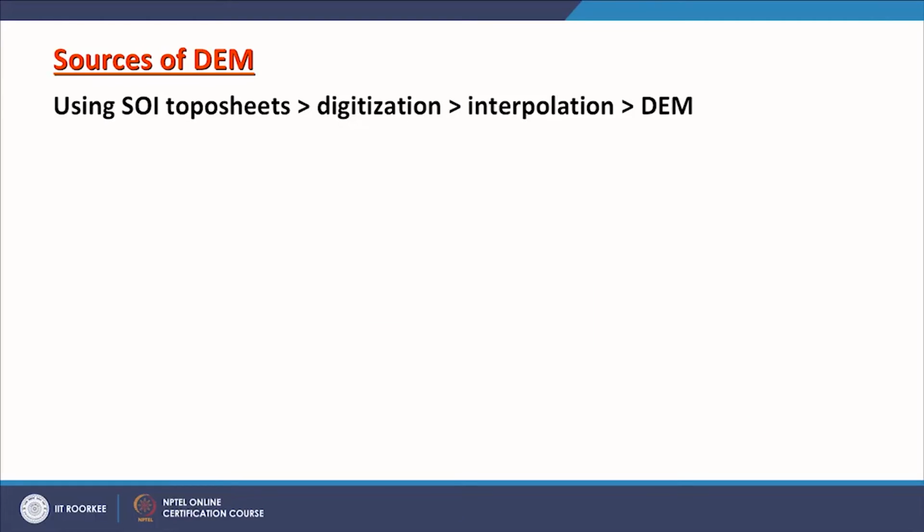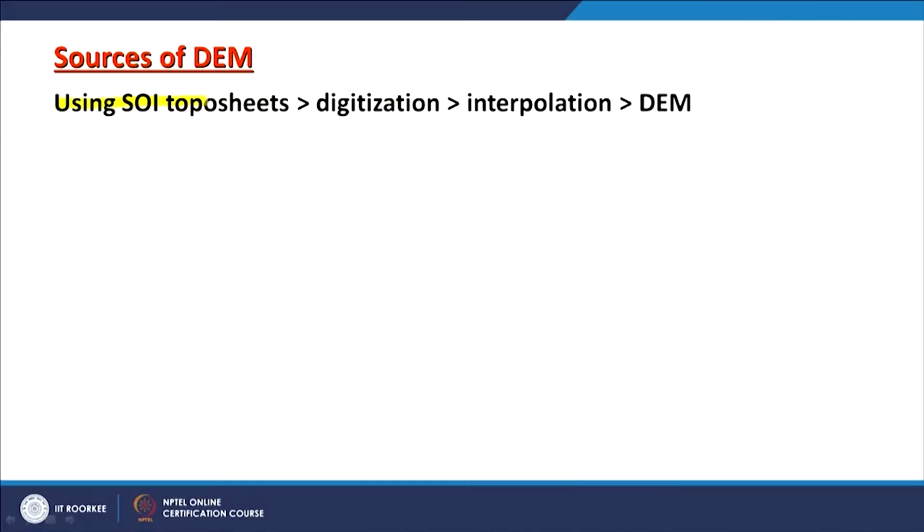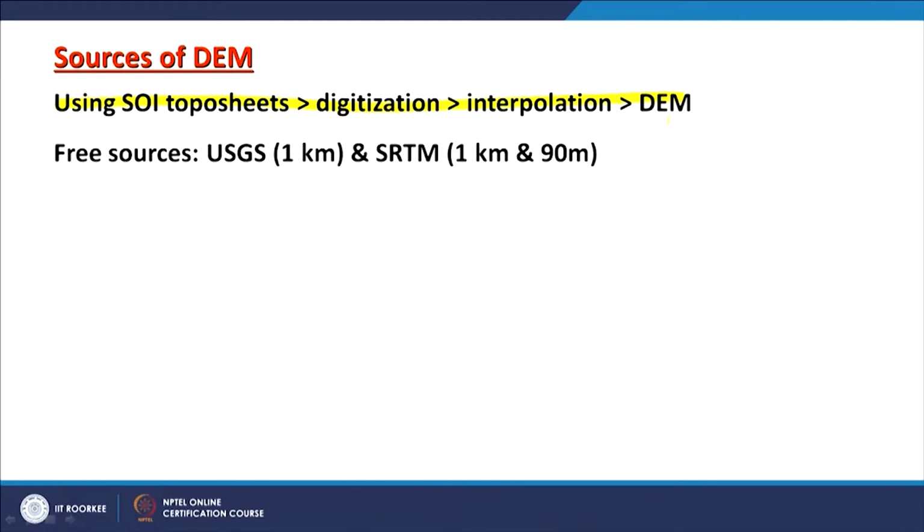But in case you are using Landsat thermal data, then the scenario can be a little different. Now, this part we will be discussing further extensively, but for the time being, the sources of DMs which we have already discussed: you employ the Survey of India or survey topo sheets, digitize contours, and then do the interpolations and you get a digital elevation model.